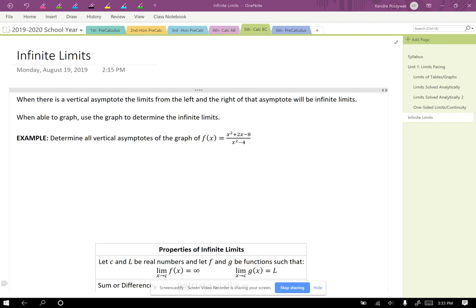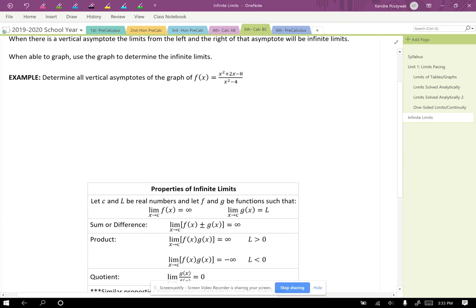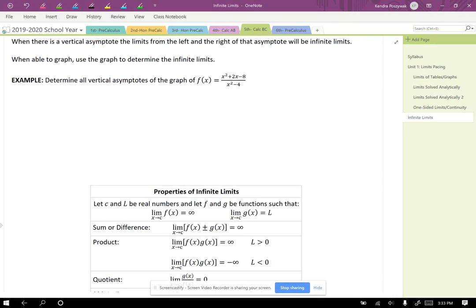When you're able to graph, go ahead and graph and then use the graph to help determine the infinite limits. If we look at this first example, we're going to figure out where those vertical asymptotes might be by factoring and simplifying.